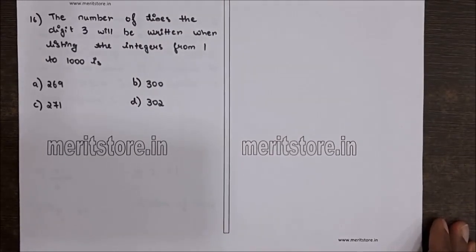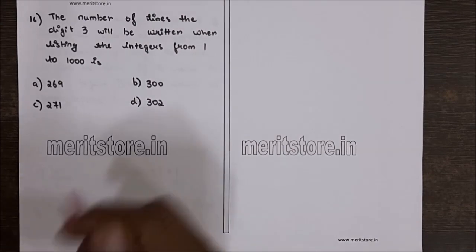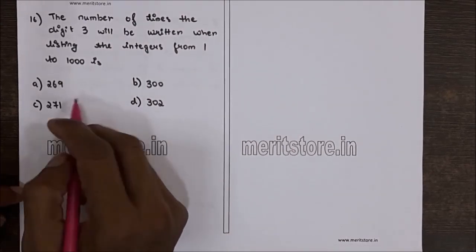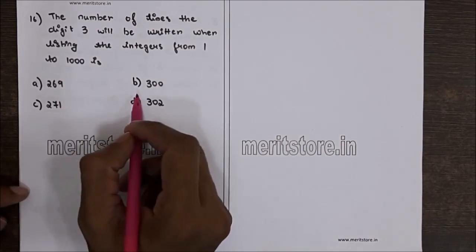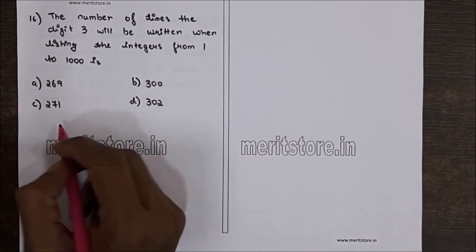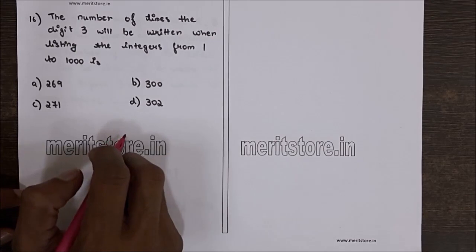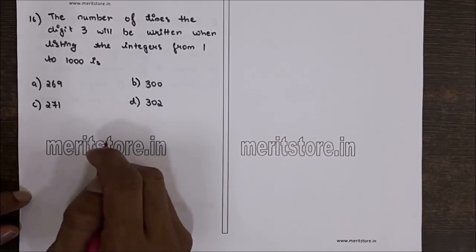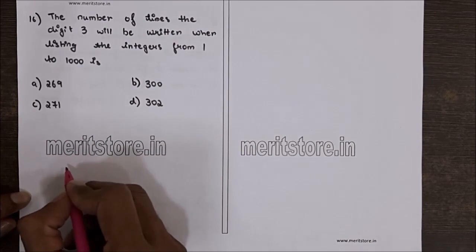Question 16. The number of times the digit 3 will be written when listing the integers from 1 to 1000 is, we have four options: A 269, B 300, C 271 and D 302. Numbers between 1 to 1000 will be 1 digit, 2 digit and 3 digit numbers. Hence the number of single digit numbers will be equal to 1.